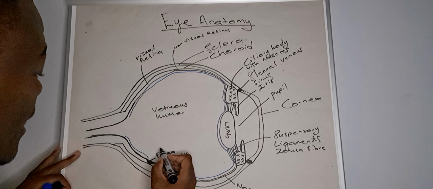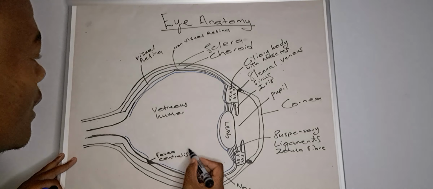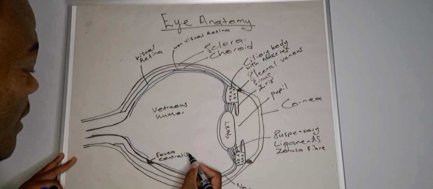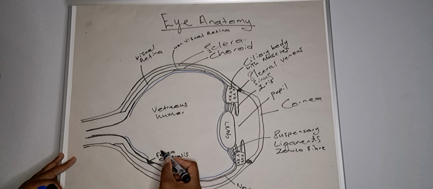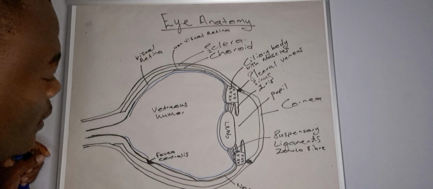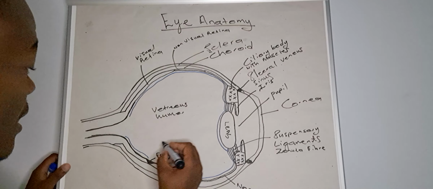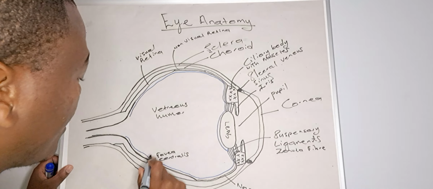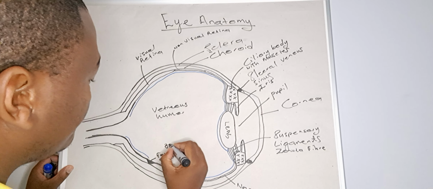But around here, the gelatinous material is a little bit yellowish, not really yellow, but yellowish. Sometimes we call this a yellow spot. We do find our yellow spot somewhere around here.